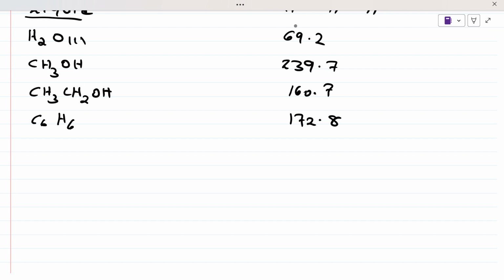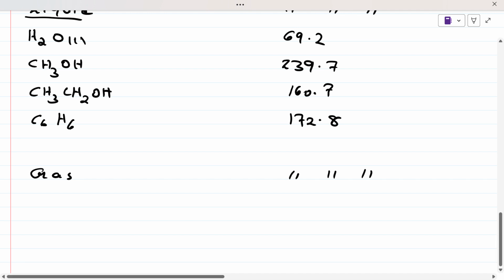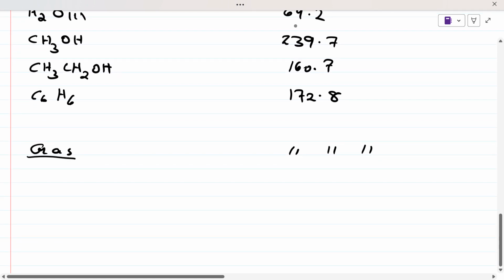I'm also going to give you an example of gases and their entropies given in joules per mole per Kelvin. And I'm still having water as a gas here, now in vapor, which has an entropy of 188.7.